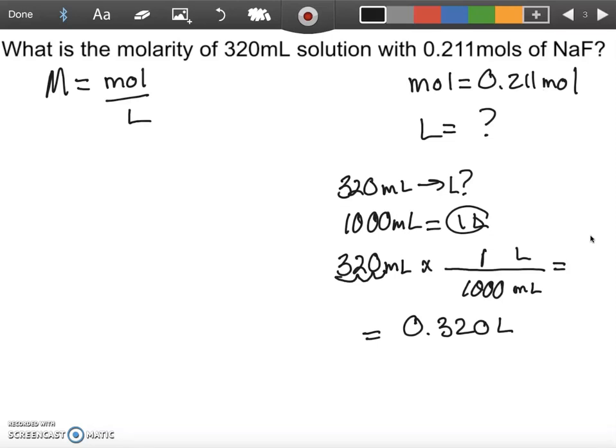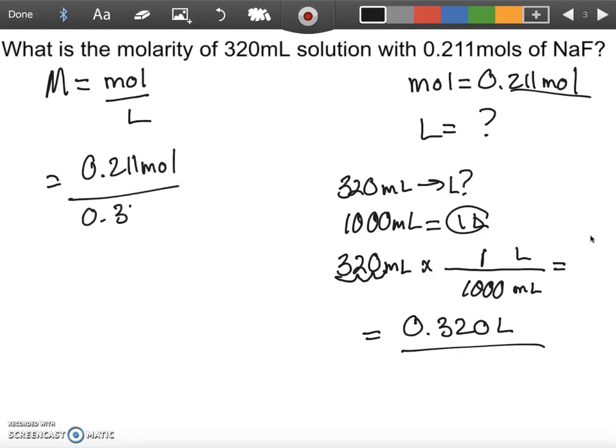Alright, we know our moles and we know our liters. Let's plug it into molarity. 0.211 moles divided by 0.320 liters.